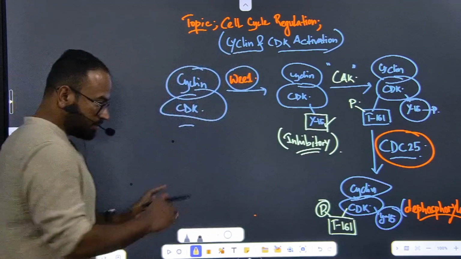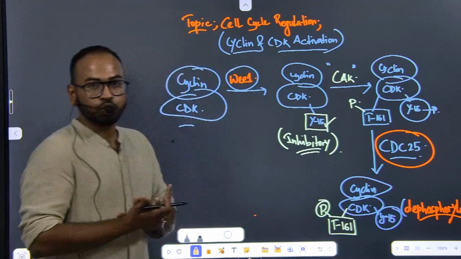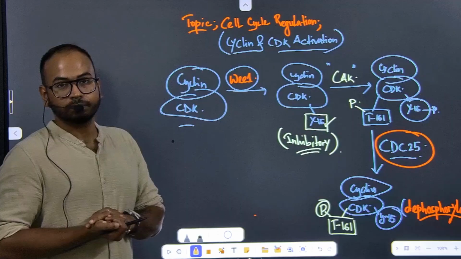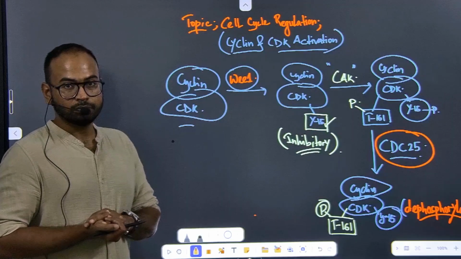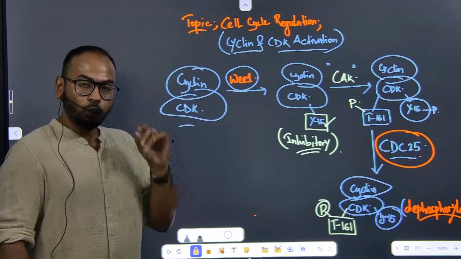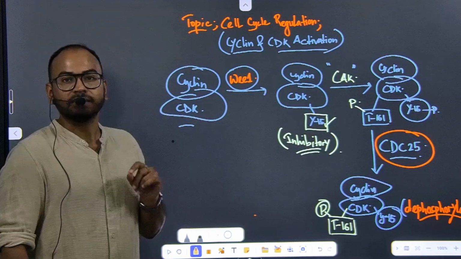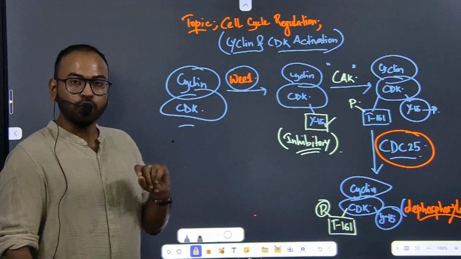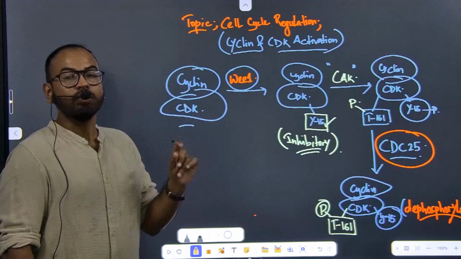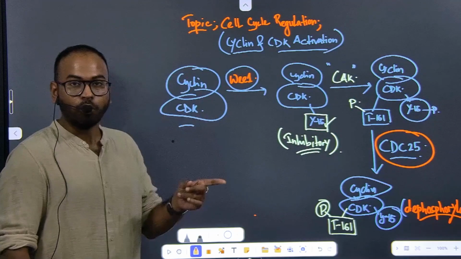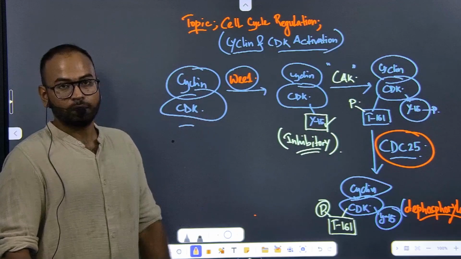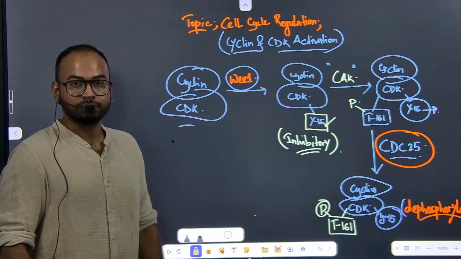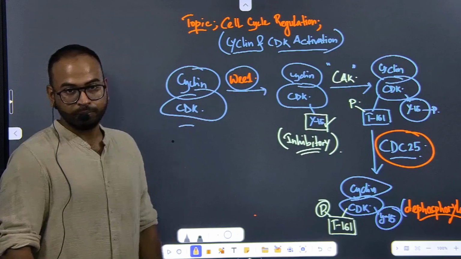Now, this is a very simple approach. There lie two questions. One, how come only the tyrosine 15 gets dephosphorylated? Threonine 161 is also phosphorylated, so CDC25 could also act upon threonine 161, but that doesn't really happen. What is the logic behind it? This is my first question.